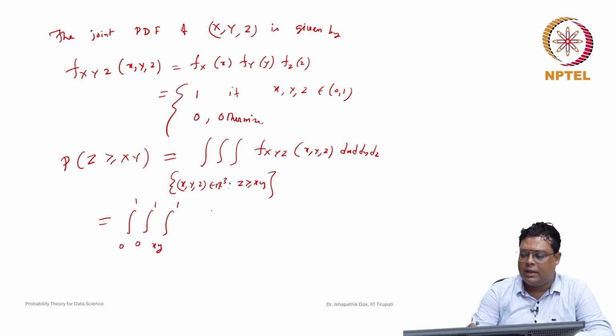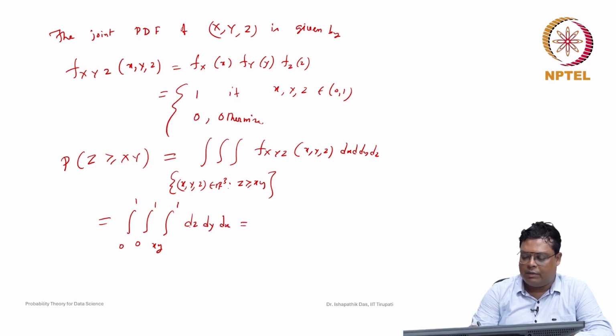In this region x and y are between 0 and 1, and z has to be greater than or equal to xy; since x and y are already greater than 0, that is taken care of. So it is dz first, and then dx, then dy, or dz, dy, dx.